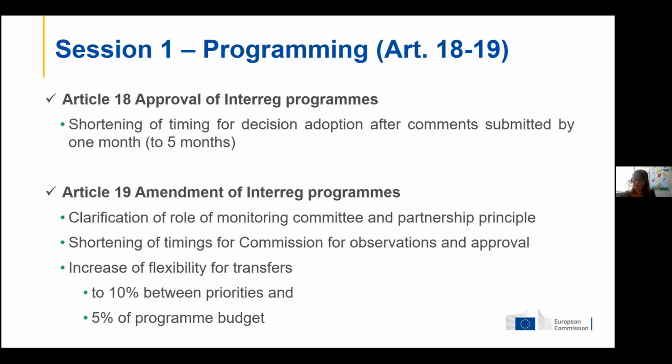The Commission proposed originally 6 months for the decision adoption, and now in the version it's 5 months. So basically, the Commission has 3 months to send the observations on the submitted programming documents, draft programs, and then the adoption has to be done within 5 months.